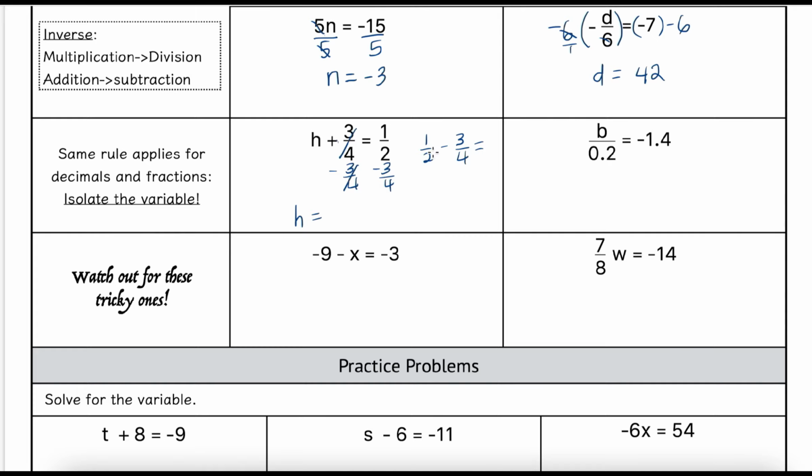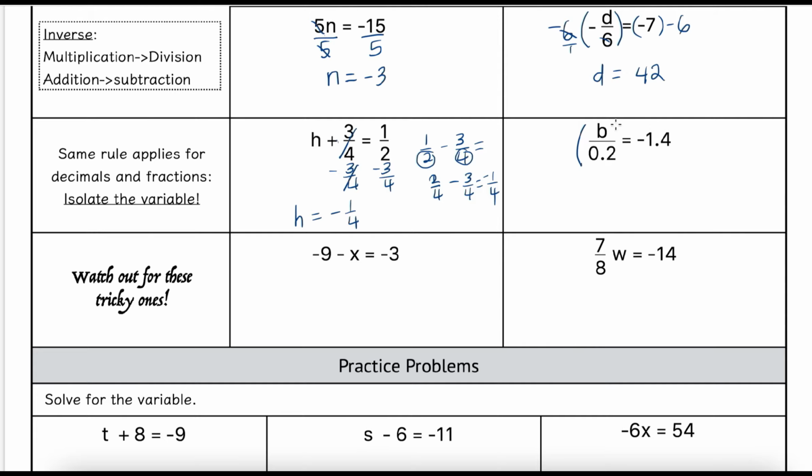We have to find the common denominator. So 2/4 minus 3/4 equals negative 1/4.